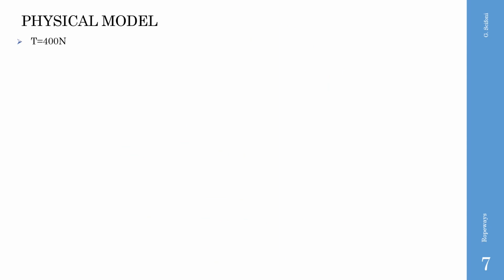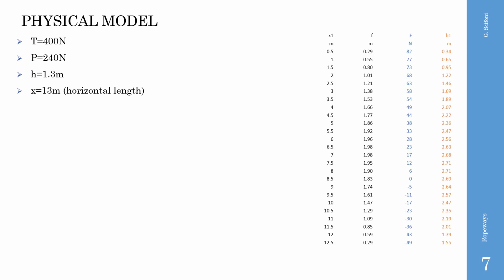If we assume that the preload capital T is 400 Newton, the load capital P is 240 Newton, h, the delta elevation, 1.3 meters, and x, the horizontal distance of the supports, 13 meters, that is also the sum of x1 and x2, we find the values displayed in the table at the right side.